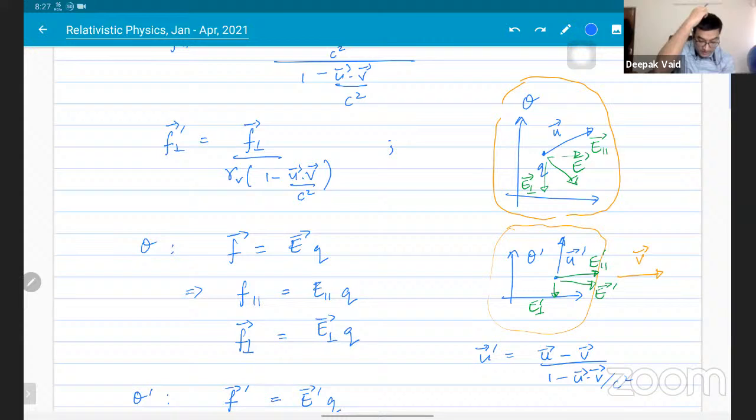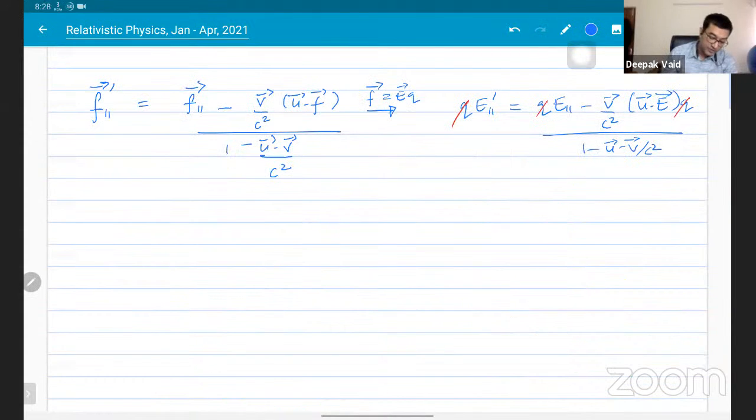When you have a moving charge, the charge will have an electric field, but it would also have a corresponding magnetic field, right?